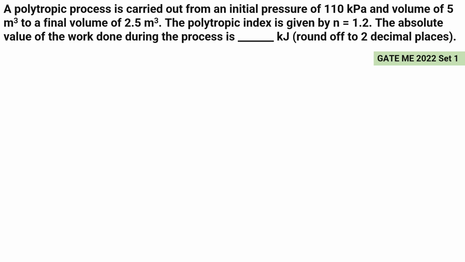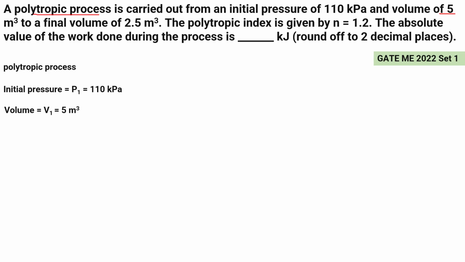Let's see the solution. So here the given process is the polytropic process and initial pressure is 110 kilopascal. Let's consider initial pressure is P1. So P1 equal to 110 kilopascal and initial volume is 5 meter cube. Let's consider initial volume is V1. Then V1 equal to 5 meter cube.